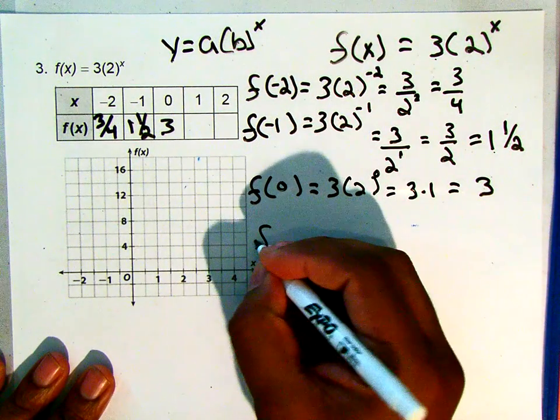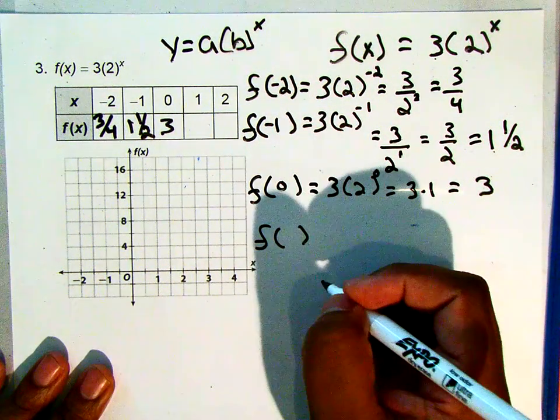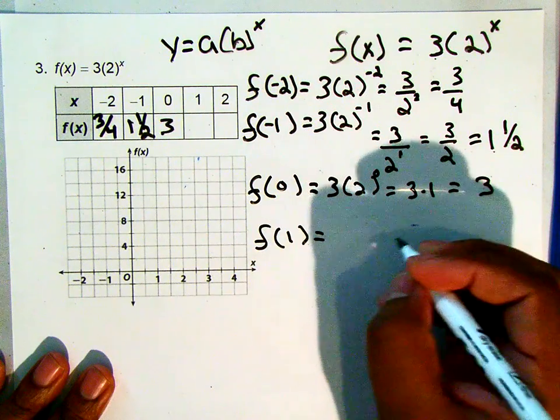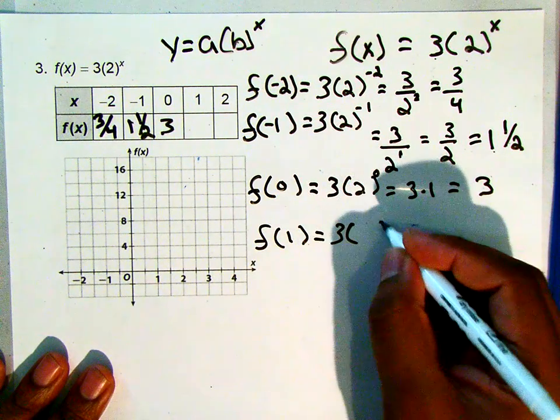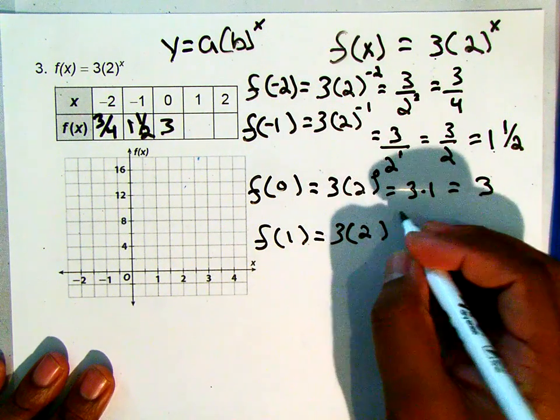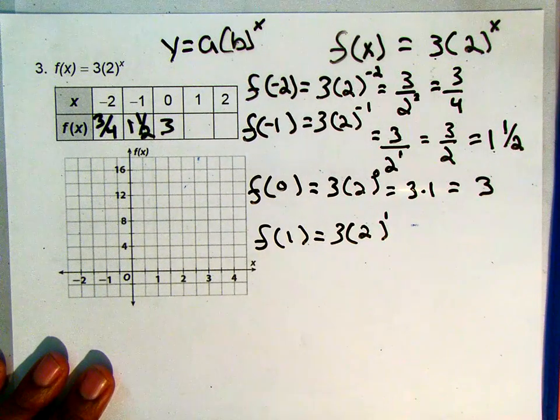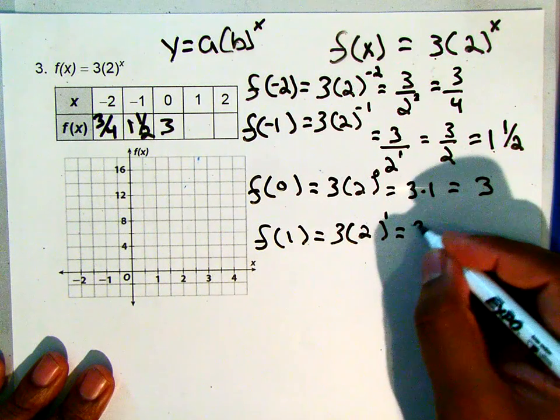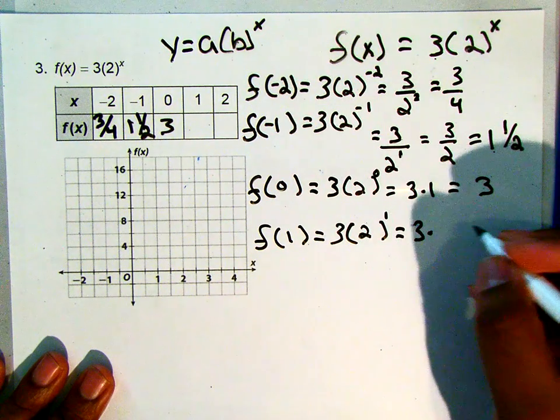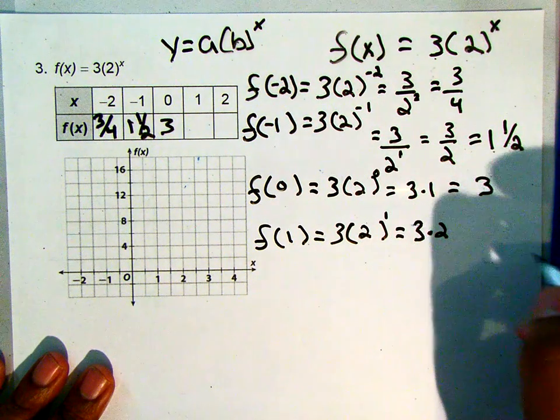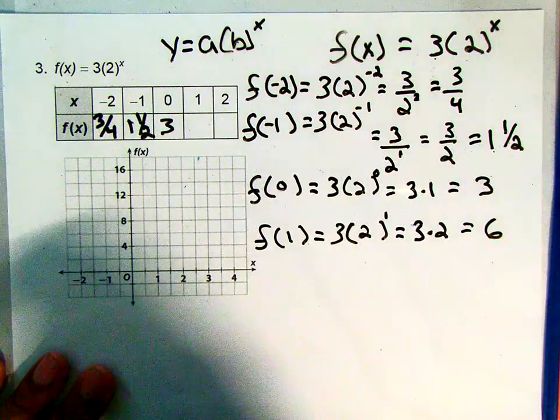Now I'm going to have f of 1 is equal to 3 times 2 raised to the 1. That's going to get me 3 times 2, which is equal to 6.